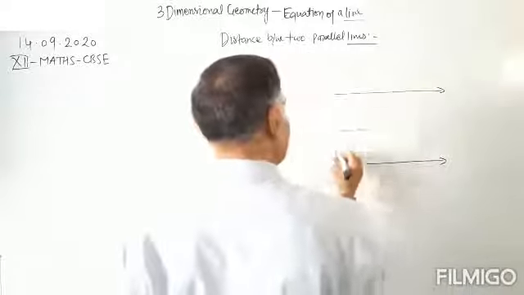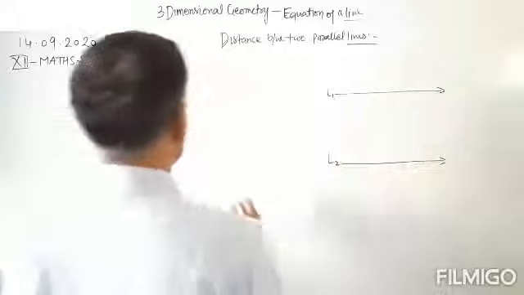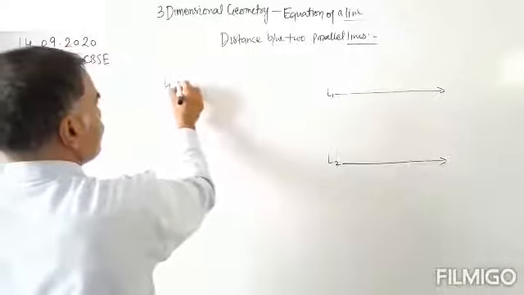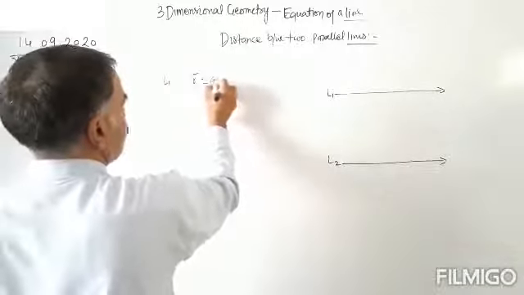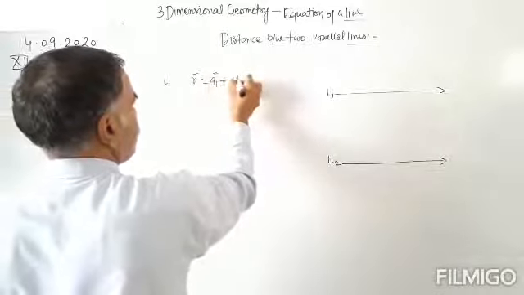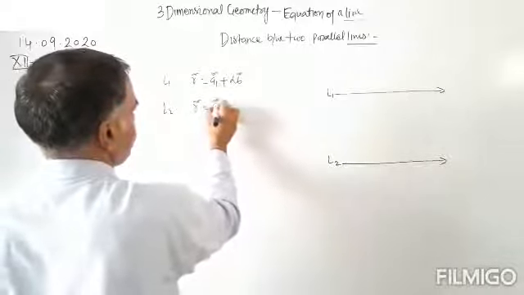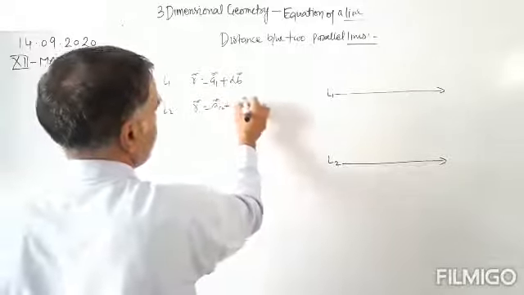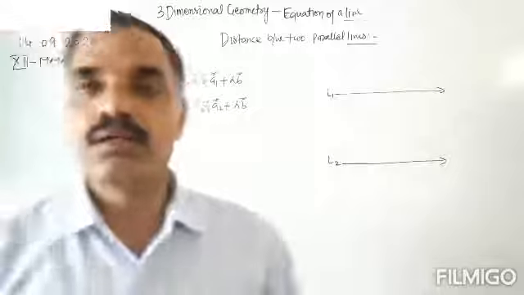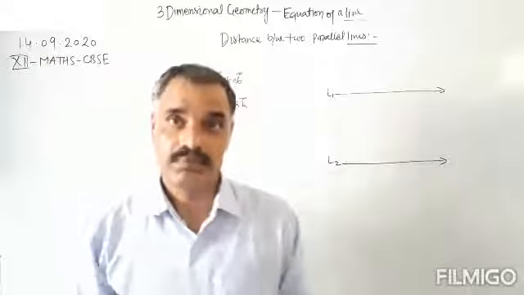The equation of line L1 is r vector equals a1 vector plus lambda b vector, and L2 is r vector equals a2 vector plus lambda b vector. Both are parallel to the given vector b vector.